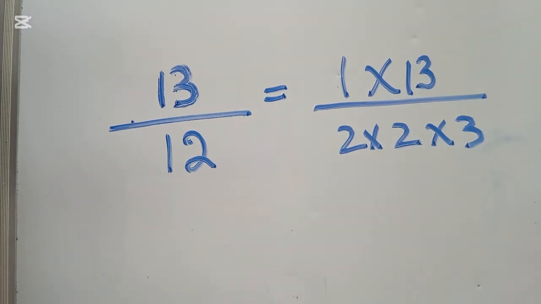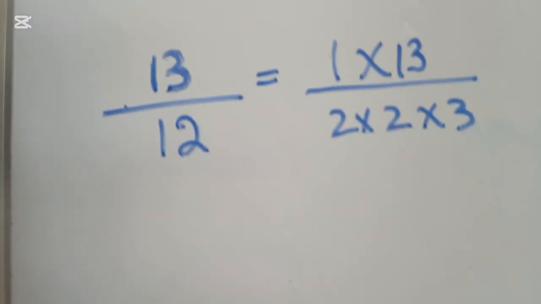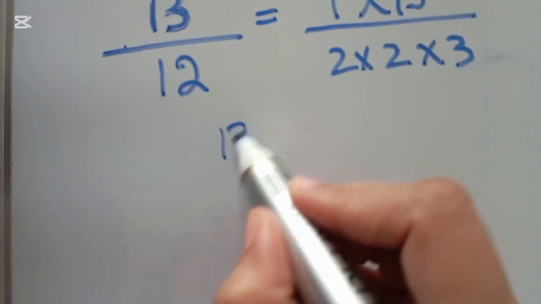But there isn't any common factor in the top and in the bottom, that is the numerator and the denominator. So there is no way of cancelling any number from the top and bottom, and there is no way of simplifying such a fraction. Such fractions cannot be simplified, they will remain as they are.